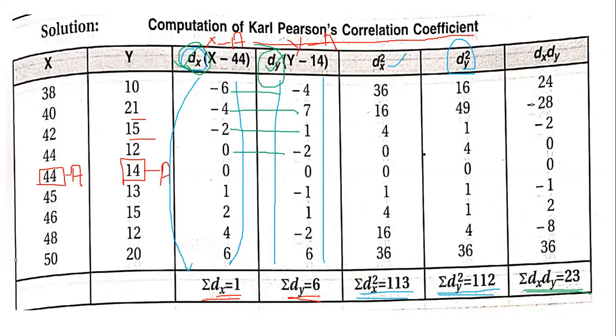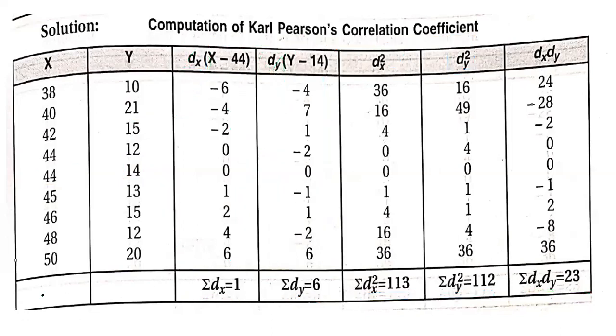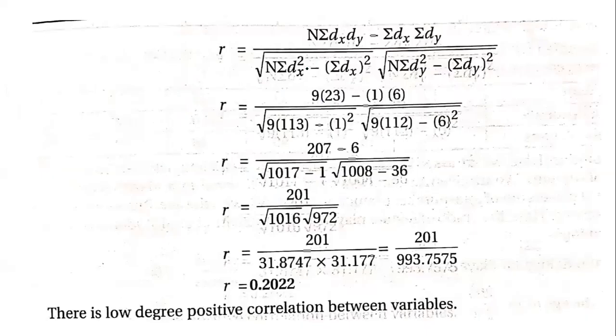Okay, so let's go to the formula. The formula goes like this: r is equal to n into summation dx dy minus summation dx into summation dy, whole divided by square root of n into summation dx square minus summation dx whole square, into square root of n into summation dy square minus summation dy whole square.